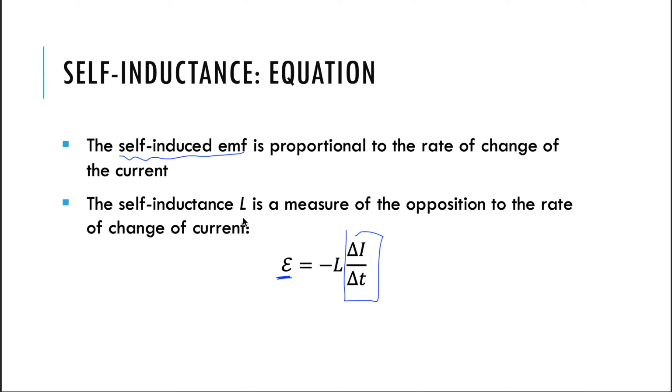But the self-inductance, we use the letter L for it, tells you how well it is going to oppose that changing current. If you have a large inductance, then you're going to have a large EMF induced. So an inductor with a large inductance is going to oppose a changing current very well. We're defining inductance within this equation just to understand it conceptually: the inductance of your inductor affects how much EMF is induced by that inductor.